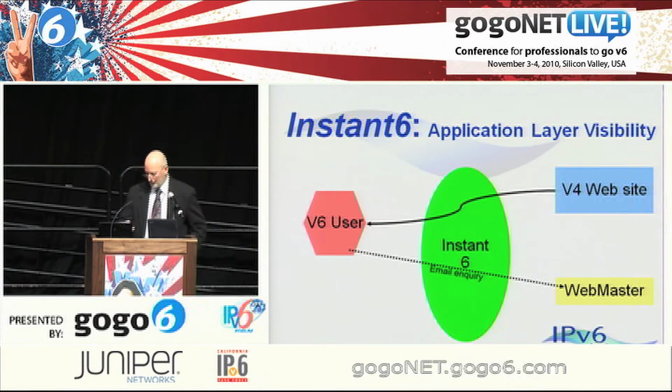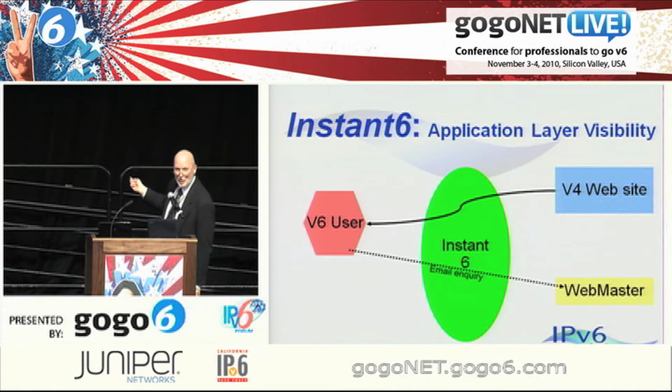This is what we've got. There we go. We've got a V4 website out there and a V6 only user over here. And in between, we've got our service being Instance 6. We've got web content that needs to get from the V4 website across to the V6 user.